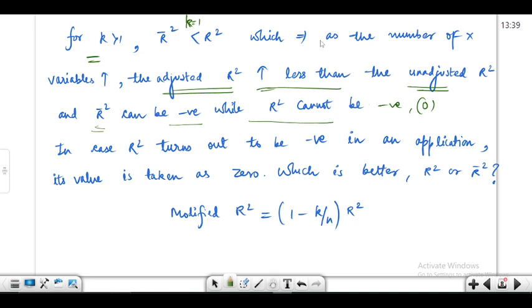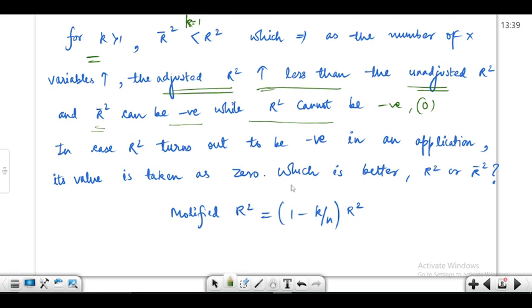So if the number of variables are increasing in the model, it means that your adjusted R square is increasing less compared to your unadjusted R square. So in that sense, your adjusted R square is giving a better or more exact picture of the fit of the model, or of the regression line, right?